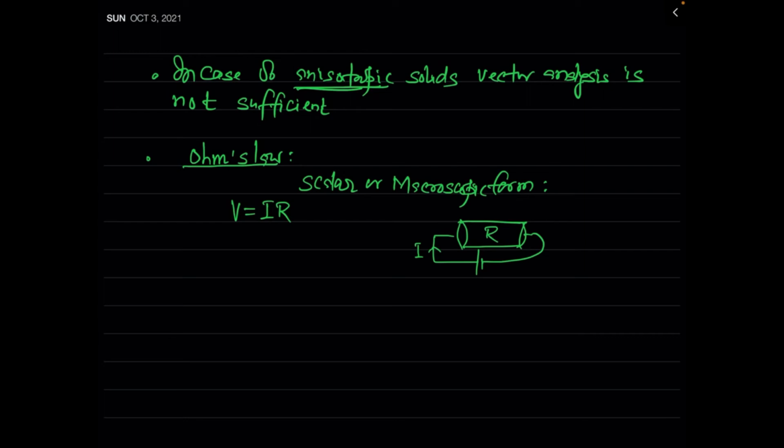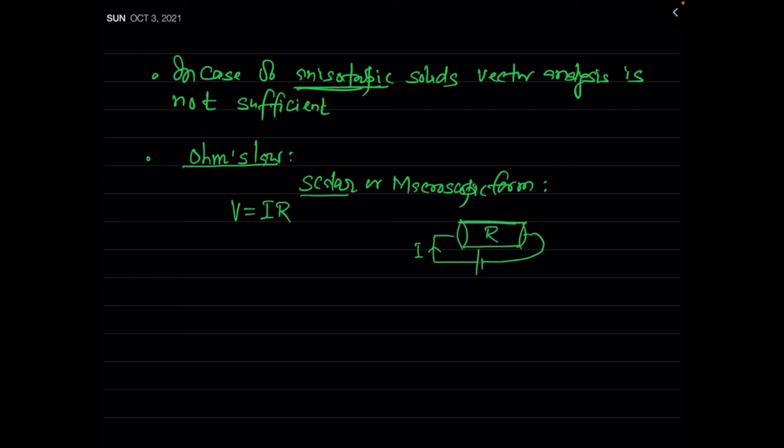And this mathematical form of Ohm's law is known as a scalar form or macroscopic form. In this equation, you can see all the quantities are scalars. V, I, and R all are scalars. And macroscopic means these properties like V or I or R cannot be defined for a point. It is defined for the specimen as a whole.